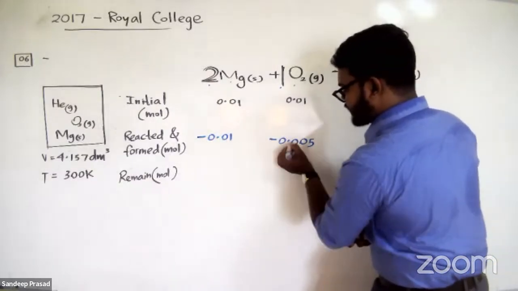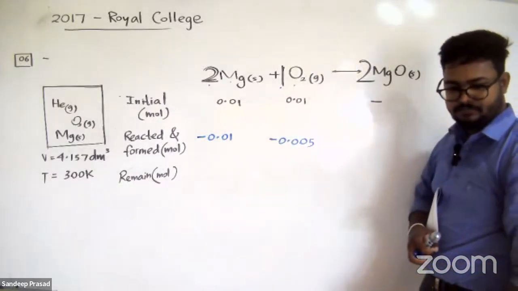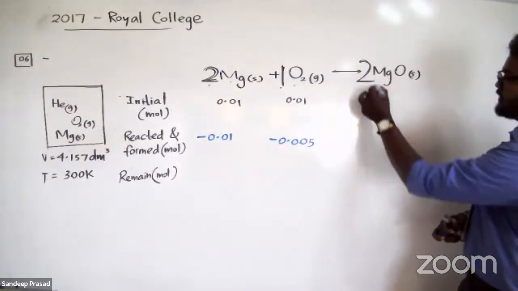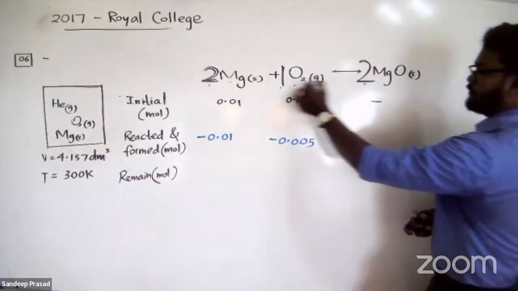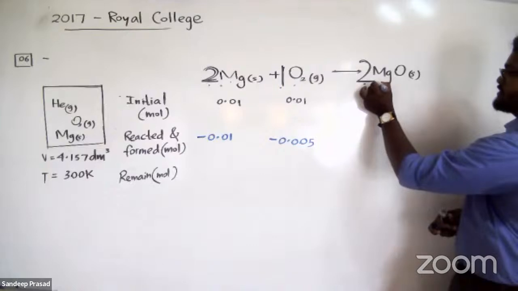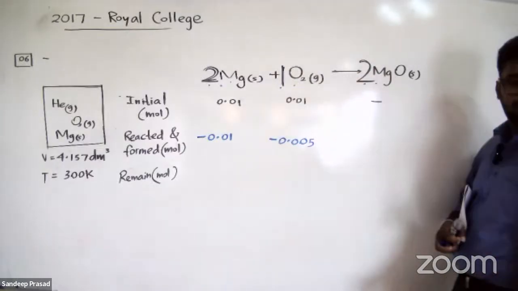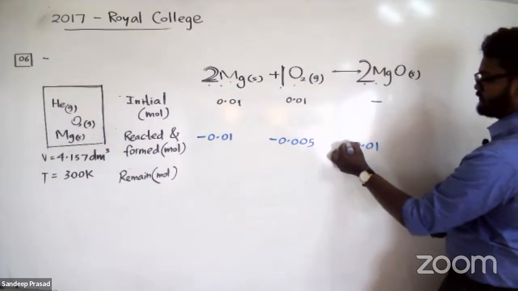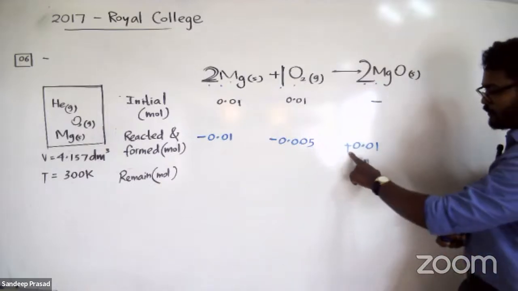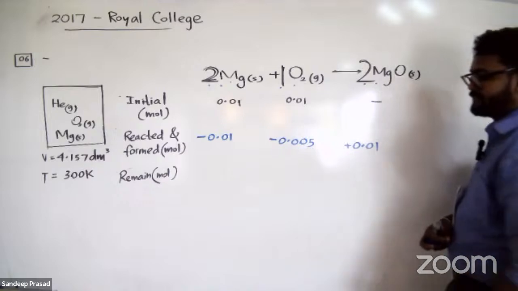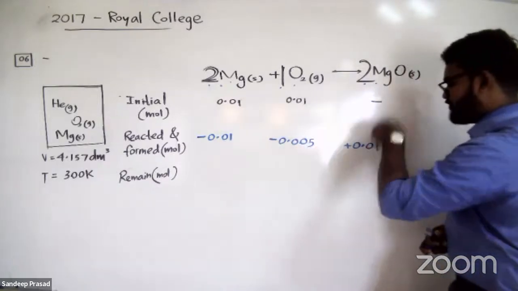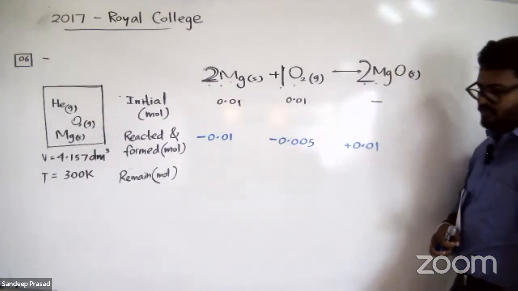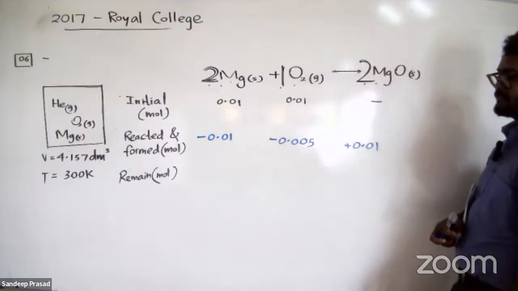Here I'm adding negative signs because they are reacting. So formed amount, 2 magnesium and magnesium oxide, same amount, 2:2. Then magnesium oxide, how much? 0.01. Positive. Why positive? Positive is representing formed. Magnesium and oxygen reacted, magnesium oxide formed. So therefore reacted amount and formed amount.